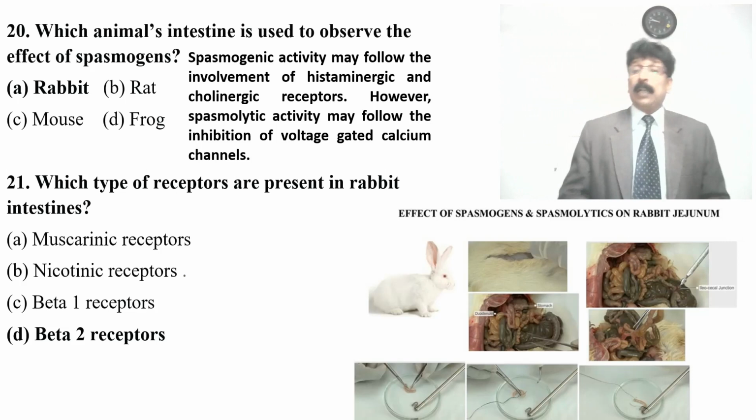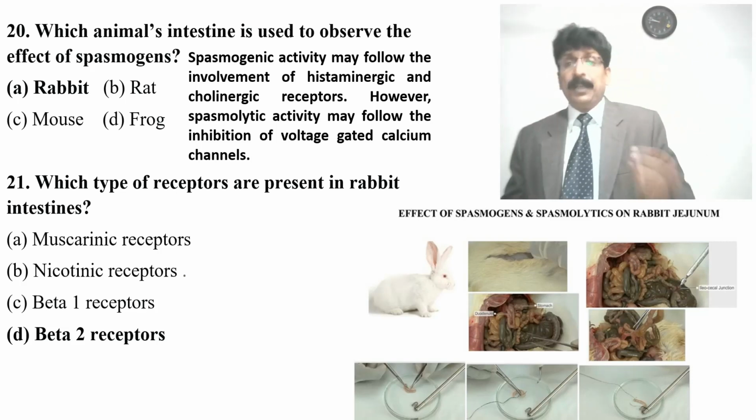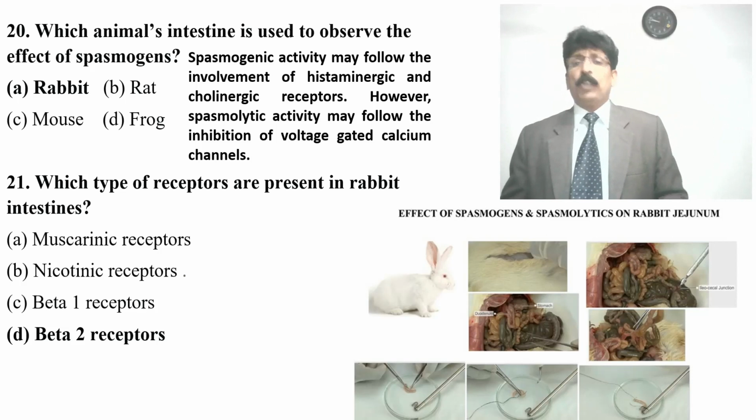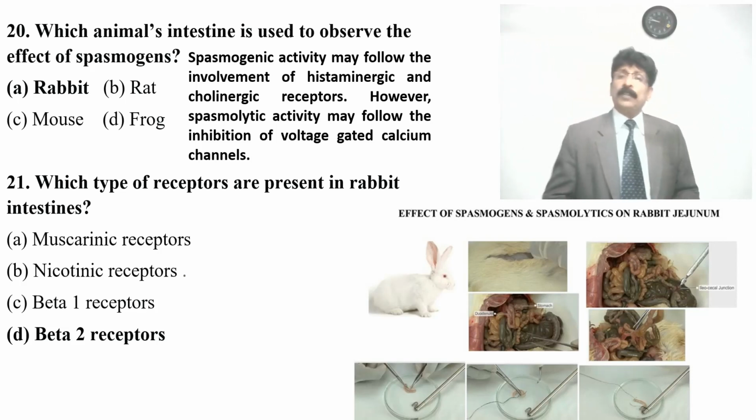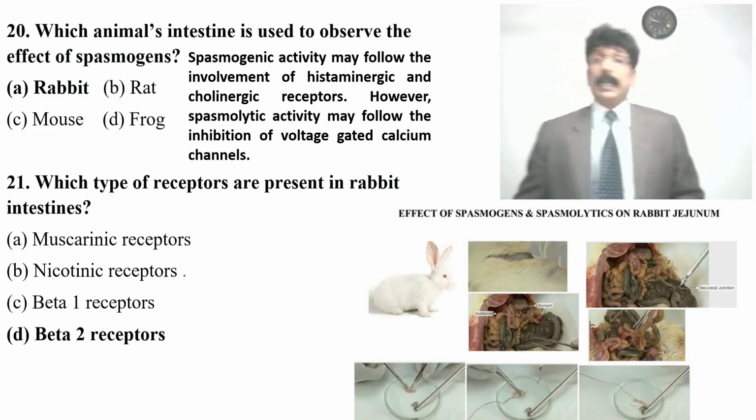Research has been done looking at various activities, even the action of salbutamol, on the isolated intestine of the rabbit. It showed the activity of salbutamol, which acts on the beta 2 receptor.